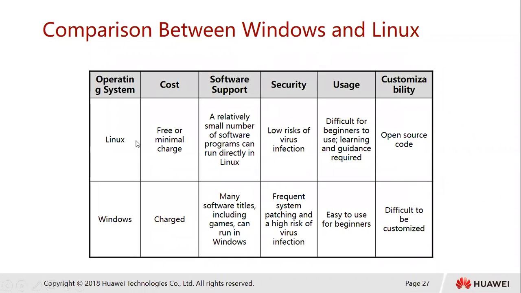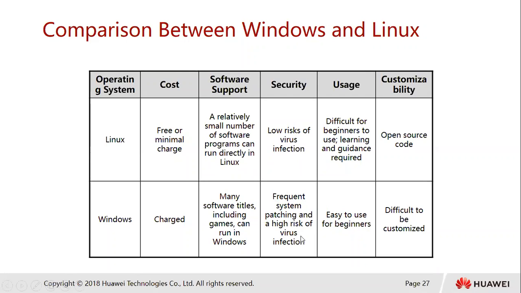So, comparison between Windows and Linux. In terms of cost, Linux is free. Software support: Linux supports a small number of software programs, while Windows, many. Security-wise, Linux has low risk of virus infection. Why? It is because of the way it was designed, the way the file system was designed, and the permissions.